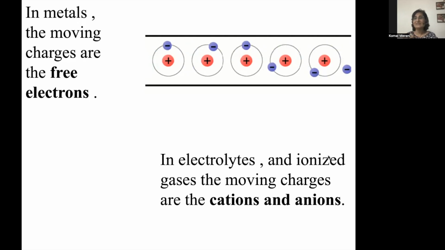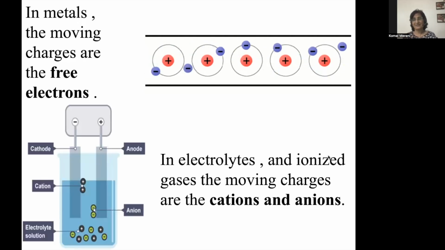They are the cations and anions. That is why we say that the charge in motion constitutes the current. The charge can be free electrons, cations, which are positively charged, or anions, which are negatively charged. So it's the charge in motion which constitutes the current.